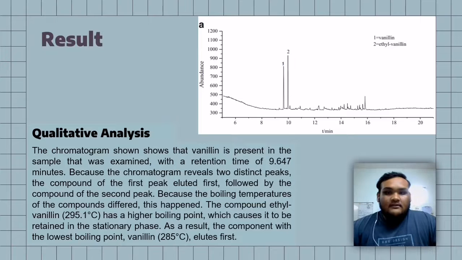The compound of the first peak elutes first, followed by the compound of the second peak. This happened because the boiling temperature of the compounds differed. The compound ethyl vanillin has a higher boiling point, which causes it to be retained in the stationary phase. As a result, the component with the lowest boiling point, vanillin, elutes first.